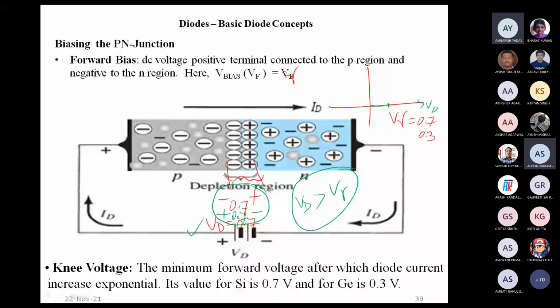If this were the ideal characteristic, then after this it may look like it turns on and gives infinite current, say. But we will see in a moment that this is also not true. We do not have a very large current just after this voltage, but rather the current tends to increase gradually like this. We say this is an exponential increase.